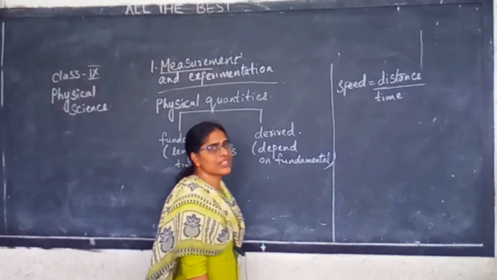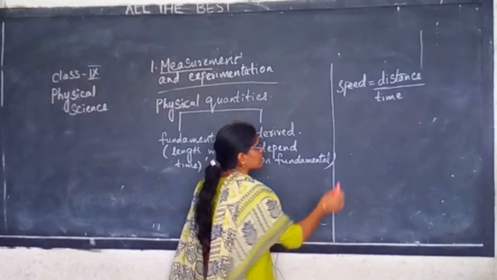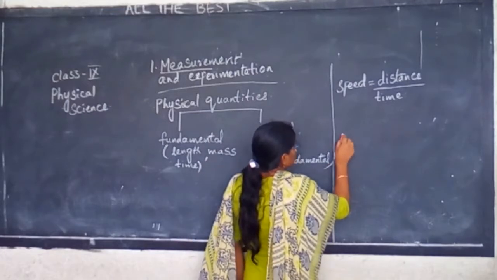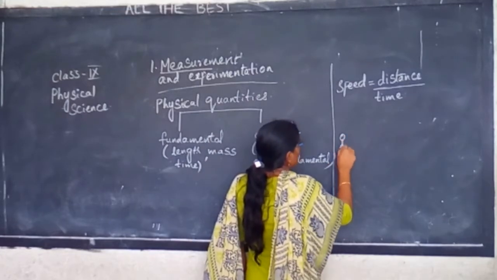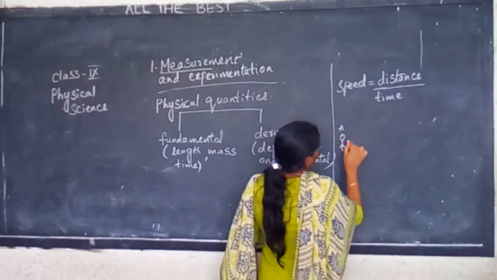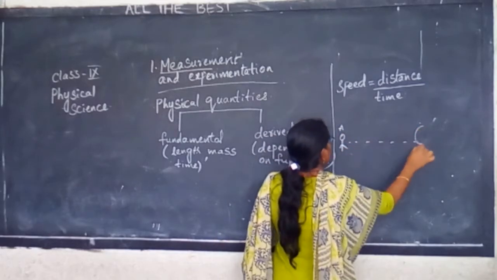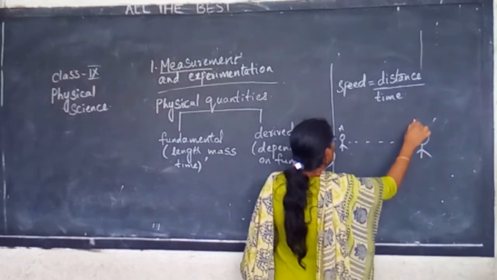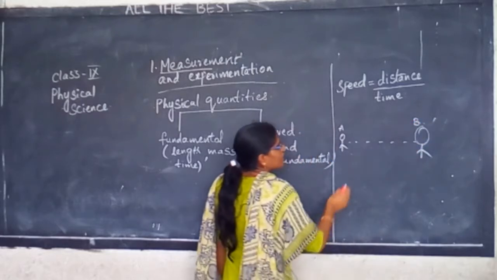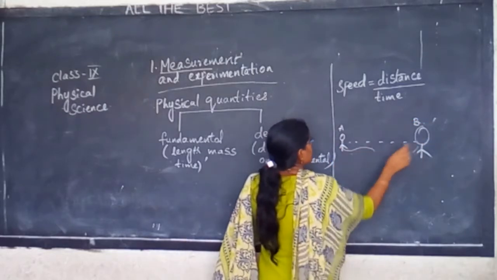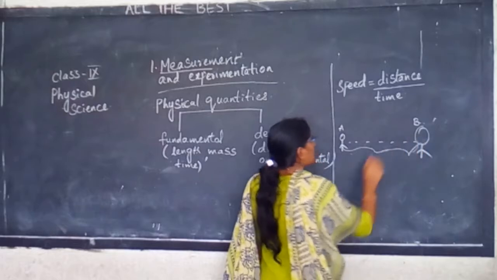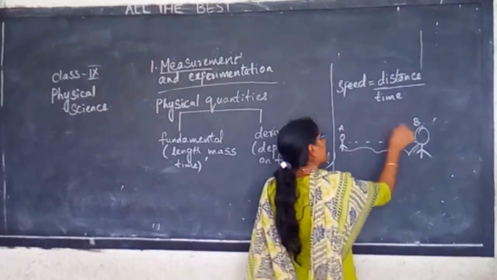Distance. First let us see, what do you mean by distance? Suppose there is a person standing at a point A. Now after some time he has moved to another point B. Now is there some distance traveled by the person from A to B?